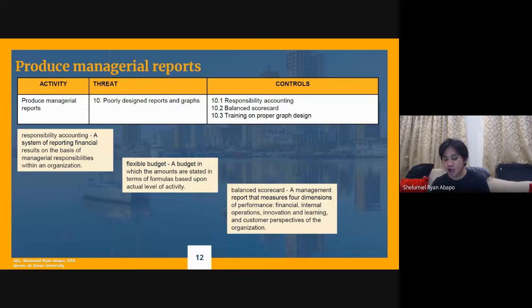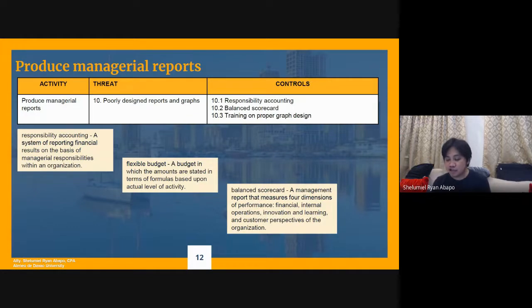The financial section will contain indicators of past performance, whereas the three other sections, the customer, internal operations, and innovation and learning, will include indicators for future performance. These are future financial performance indicators.